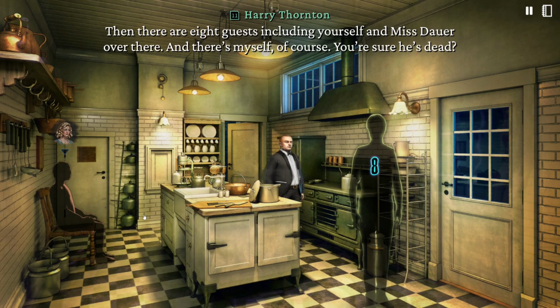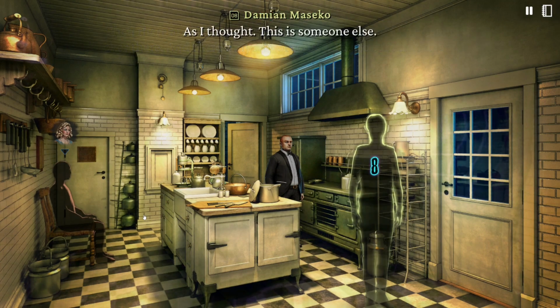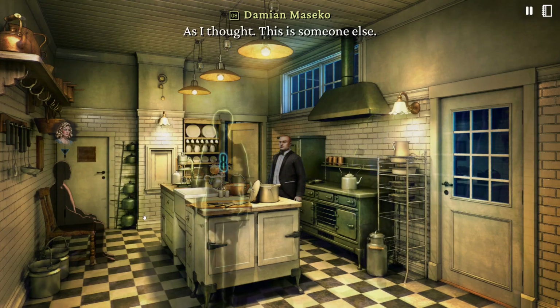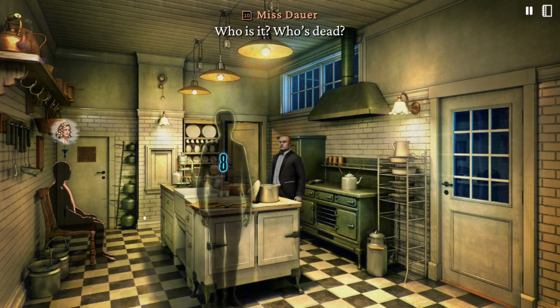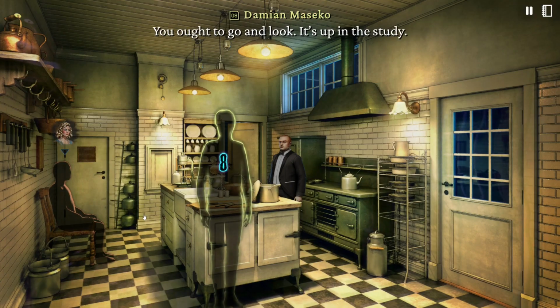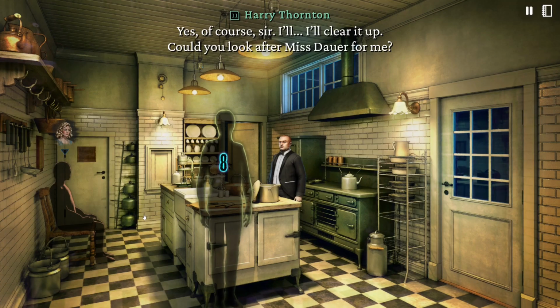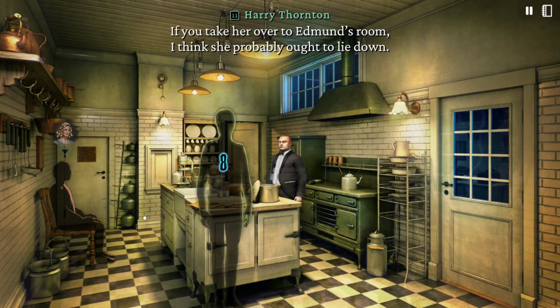You're sure he's dead? As I thought. This is someone else. Who is it? Who's dead? You ought to go and look. It's up in the study. Yes, of course, sir. I'll clear it up. Could you look after Miss Dower for me? If you take her over to Edmund's room, I think she probably ought to lie down.